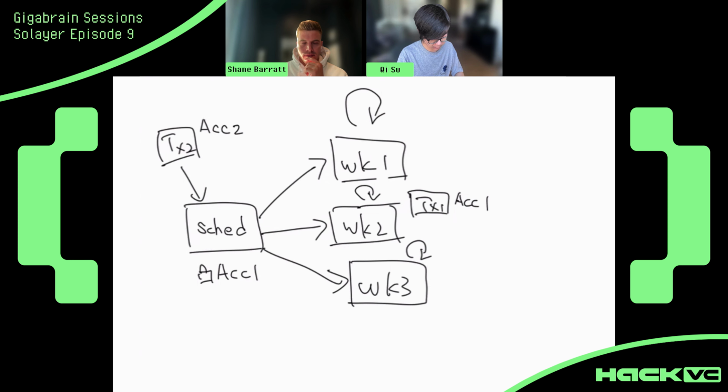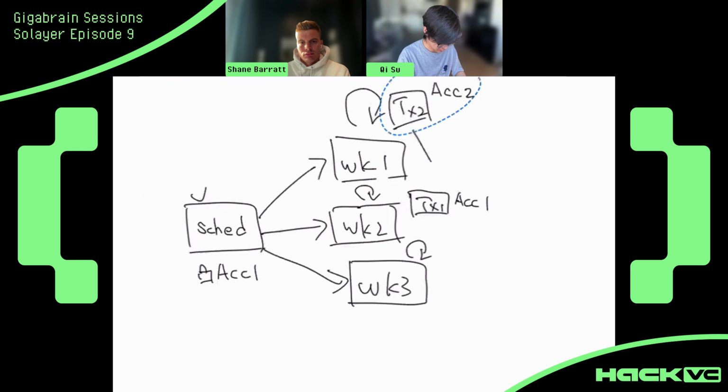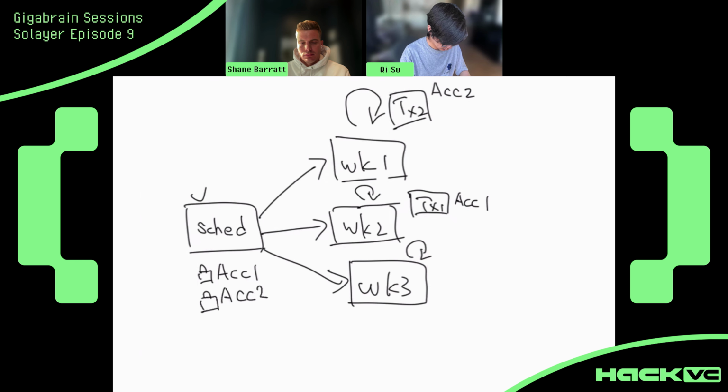We can just give it to any worker, maybe some empty worker, because it will be faster. We'll give this transaction 2 to here, and we will lock account 2. Now we have two transactions executing in parallel, because they don't affect each other. They don't read each other's accounts.